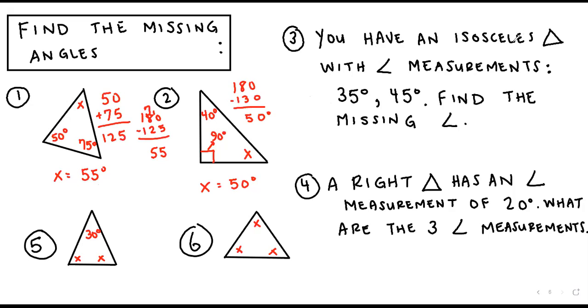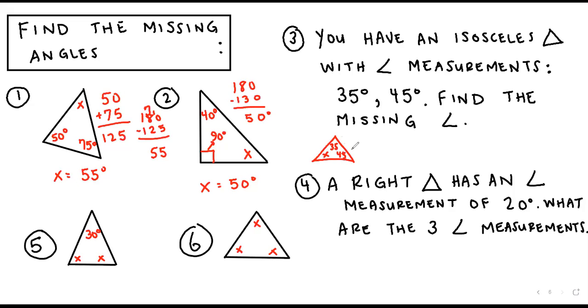You have an isosceles triangle with angle measurements 35 degrees, 45 degrees. Find the missing angle. Sometimes if you guys are visual people, it might help if you draw a triangle. It's an isosceles triangle. That means two sides are equal. And they gave us 35 and 45.